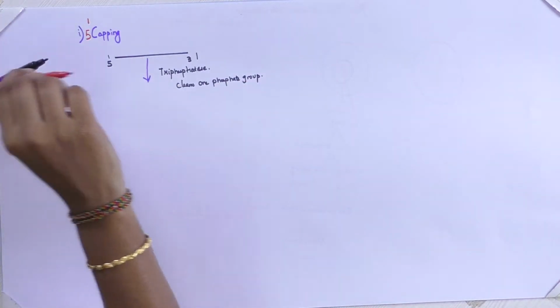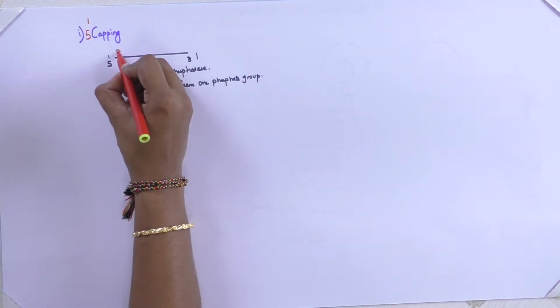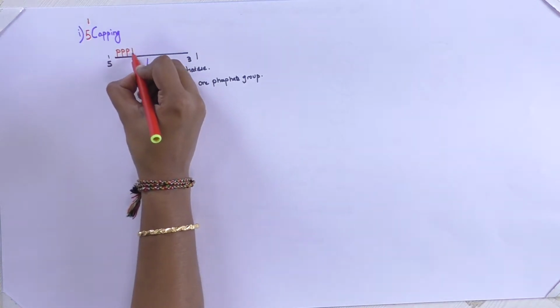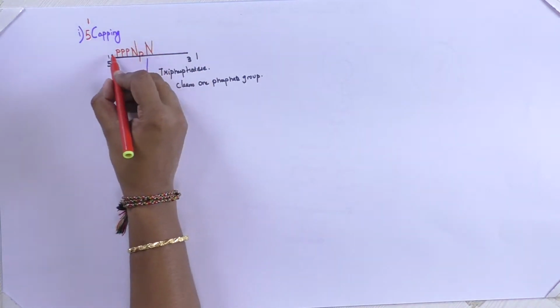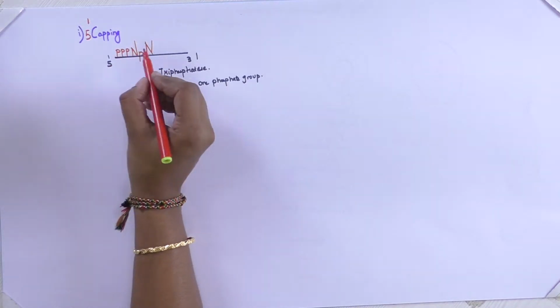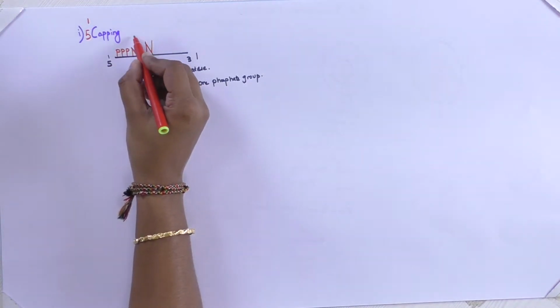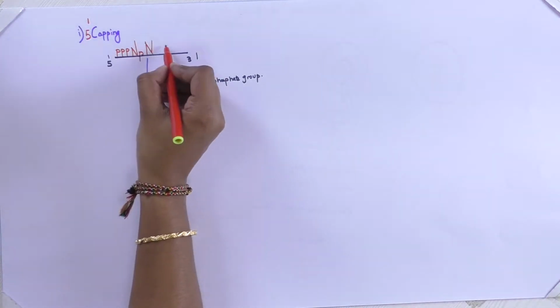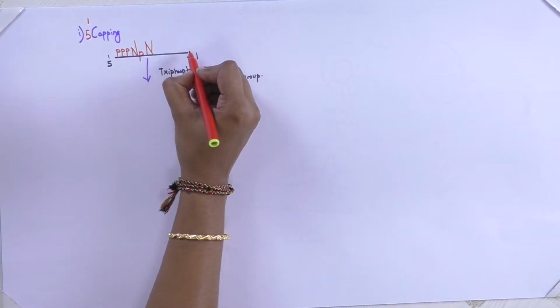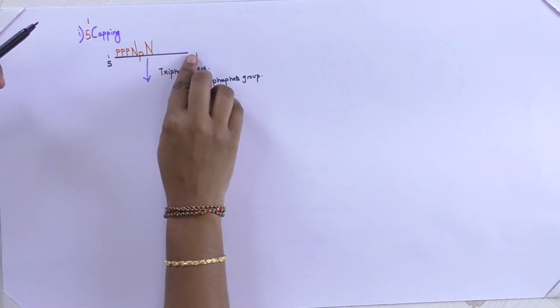If you take the 5' end, it is actually made up of 3 phosphates. You will have your nitrogen base, then your P, then your nitrogen base. That is, 3 phosphates will be present at the 5' end, followed by a nucleotide sequence, that is a nitrogenous base with the phosphate bond to another nitrogenous base. Then at the 3' end, you will have a hydroxyl group.